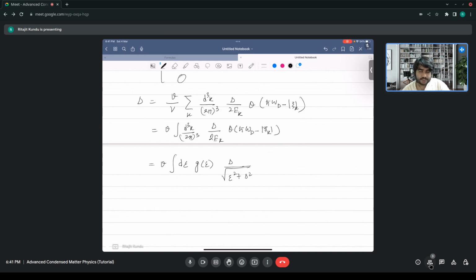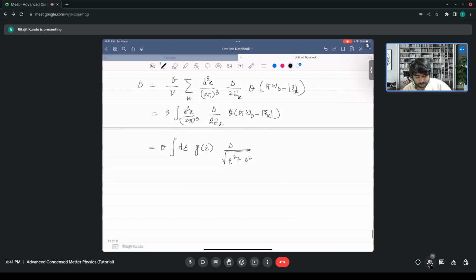It is the same, just the discretization is different. In one case the discretization is over this whole 3D space, and in the other case it is along the energy axis. You discretize along that direction and you will get the same integration. The Heaviside theta function gives a cutoff, so this integration is now limited between 0 and h bar omega_D.